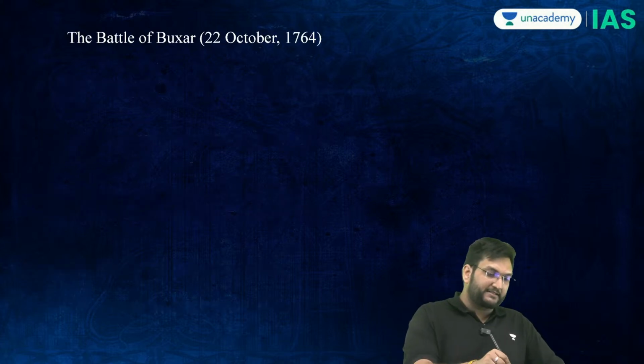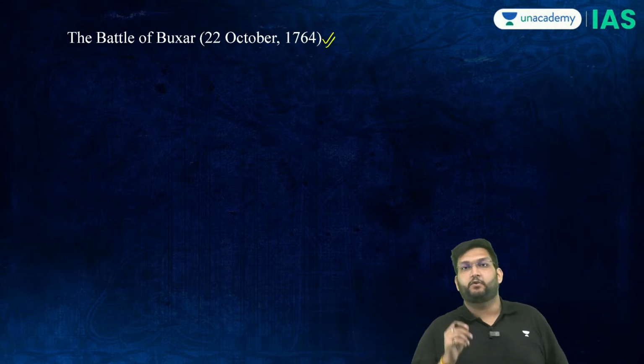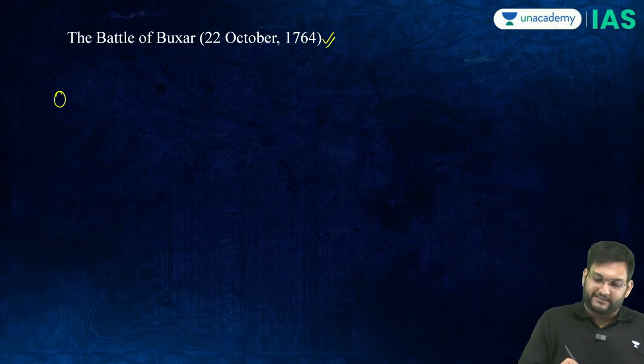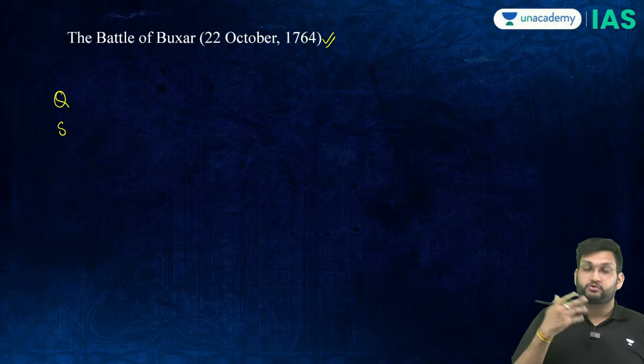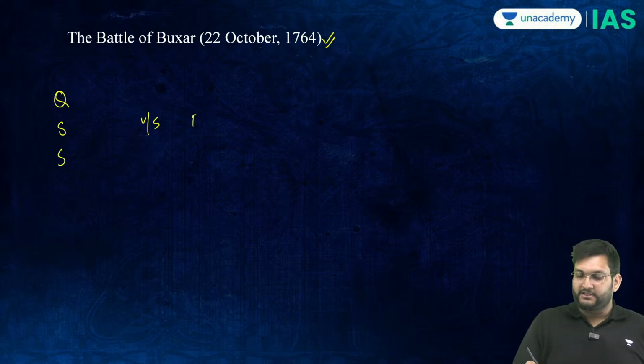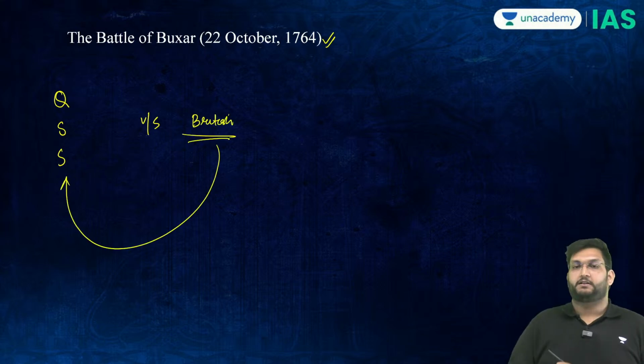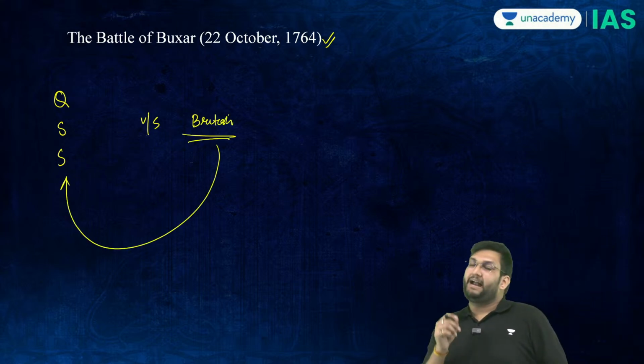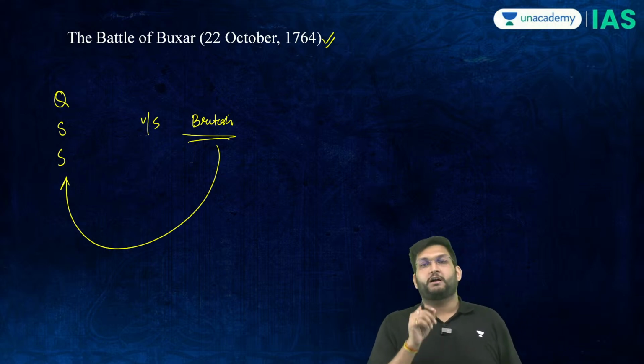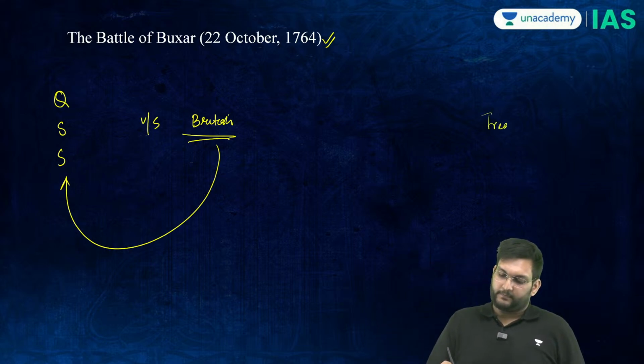The Battle of Buxar on 22nd October 1764. Qasim plus Shuja-ud-Daula rather, and Shah Alam II will fight the British. British under Thomas Munro are going to win this battle. And after the Battle of Buxar, now comes the Treaty of Allahabad.